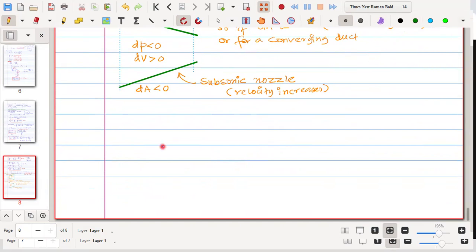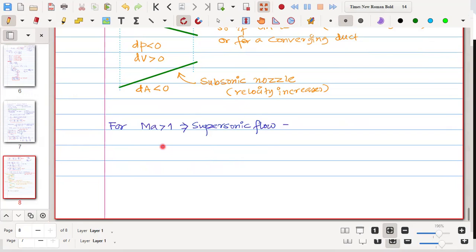Now, for Mach number greater than 1, that means supersonic flow.